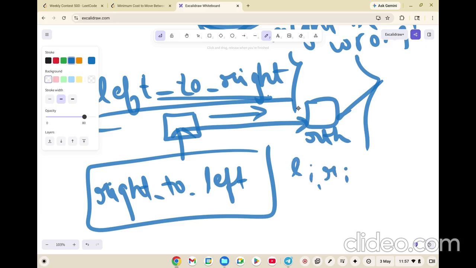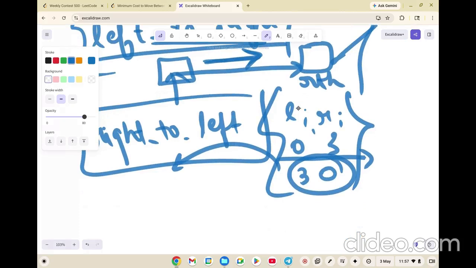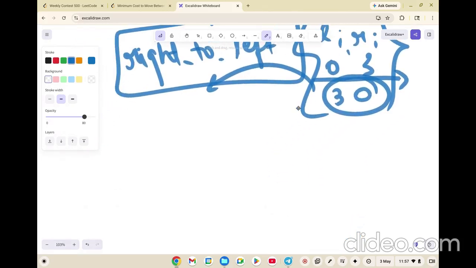Think of this: while traveling from left to right, you will say, to reach index 1 I will use just 1 rupee. When you are at this position, if I want to go to the next index, I need to use my own money. I can't use rupee 1 over here.